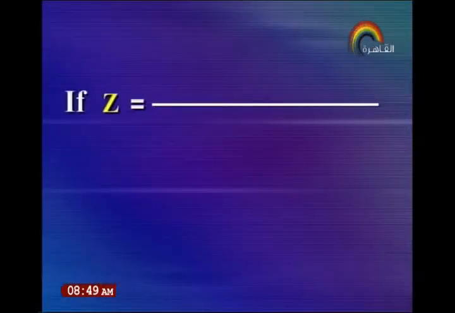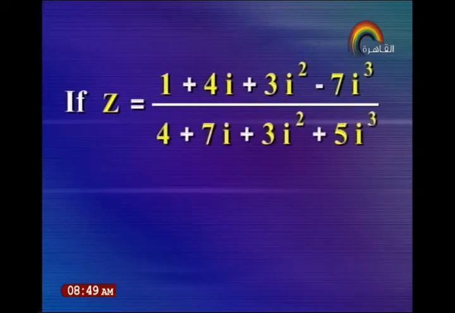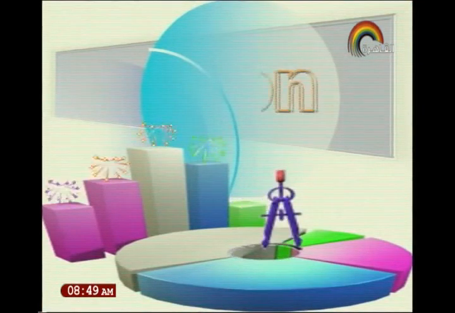Another example. If z equals (1 plus 4i plus 3i squared minus 7i power 3) over (4 plus 7i plus 3i squared plus 5i power 3). Find z bar squared. Look at the solution.